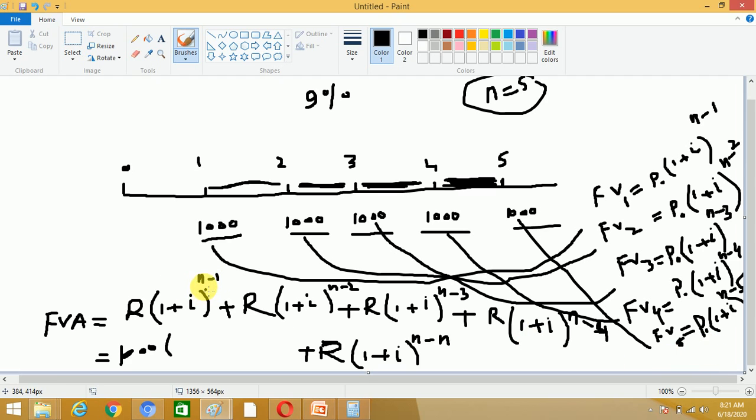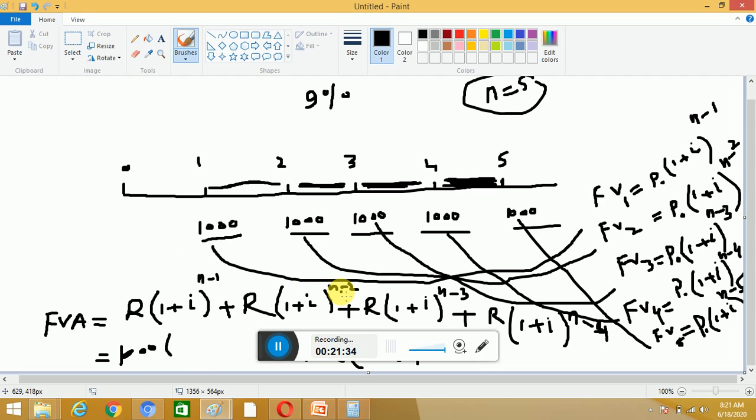If there are 100 years, it will be 100 minus 1, 100 minus 2, and so on, up to 100 minus 100. So the calculation will be too complicated.